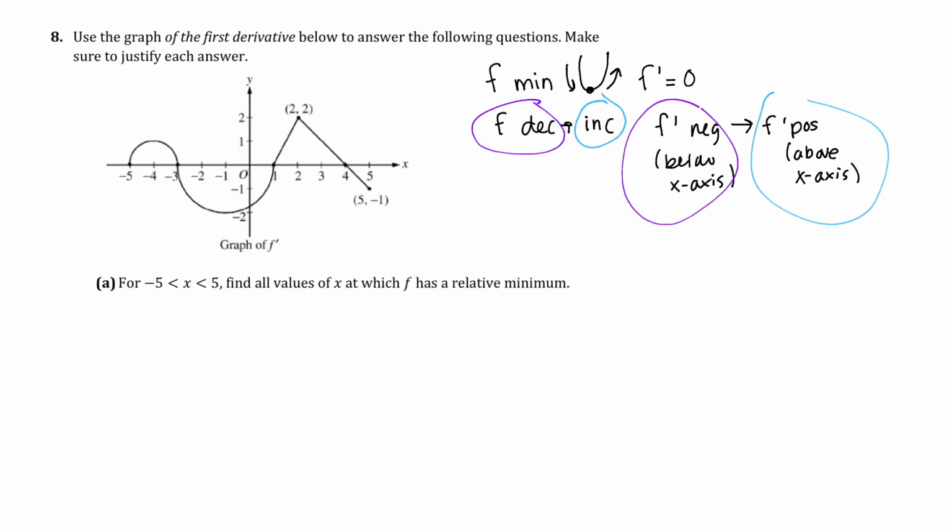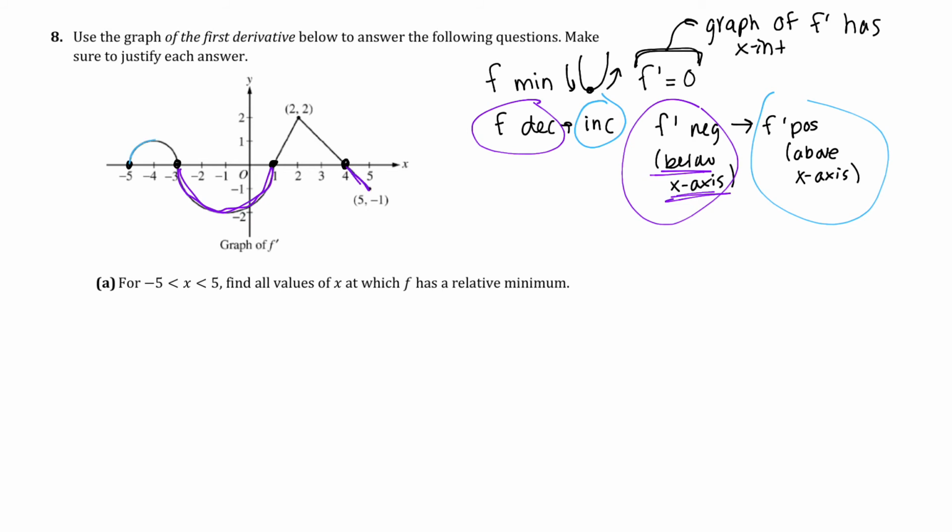So you're looking for places where you hit the x-axis, because f prime being 0 means the graph of f prime has an x-intercept. So the possible points you're looking at are these points here. Now you want a point where it goes from negative, so below the x-axis, to above the x-axis. This is a below part, this is a below part.